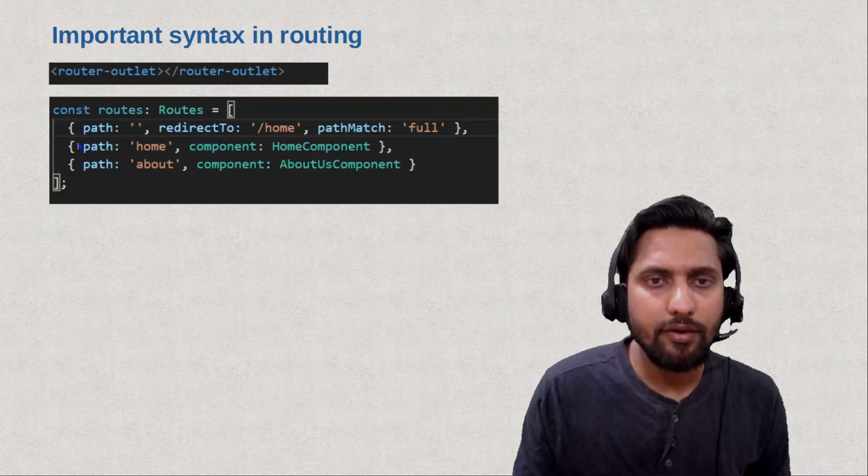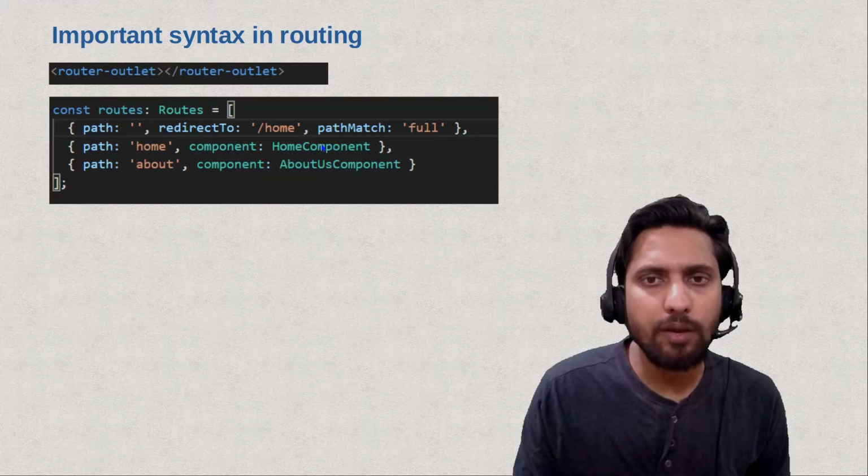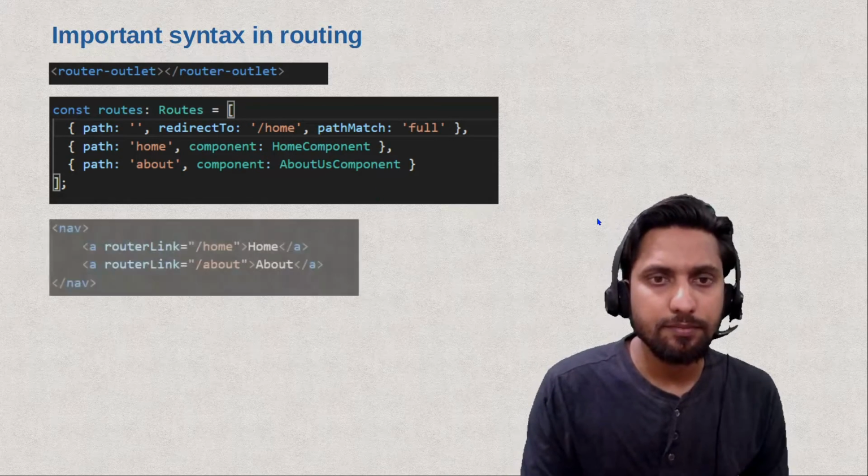Here in this route we define the path. We are telling Angular that if we write the home path in our URL, then it should load the home component. In the same way, if we write /about in our URL, then it should load the about us component. This syntax is very important. You should note it down somewhere.